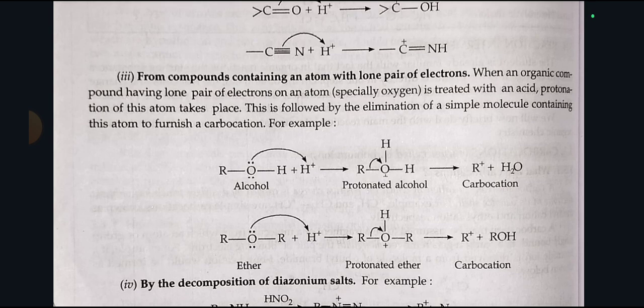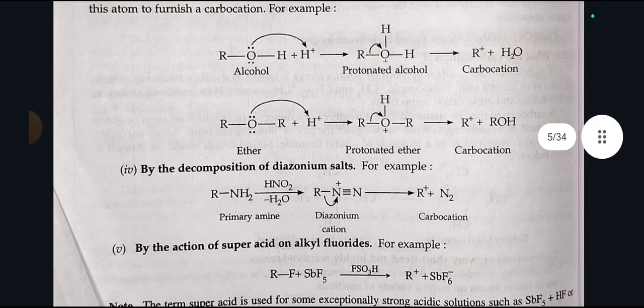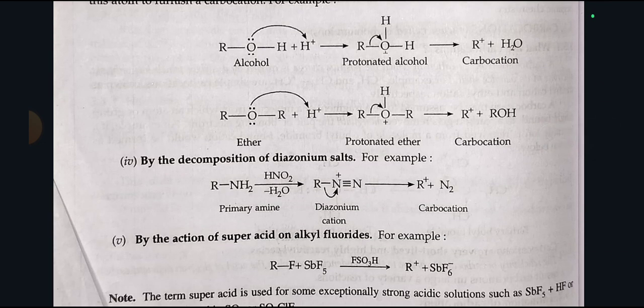For example, alcohol ROH plus H positive gives protonated alcohol, which gives R positive plus H2O, a carbocation. Ether ROR plus H positive gives RO positive-HR, which gives R positive plus ROH, a carbocation.